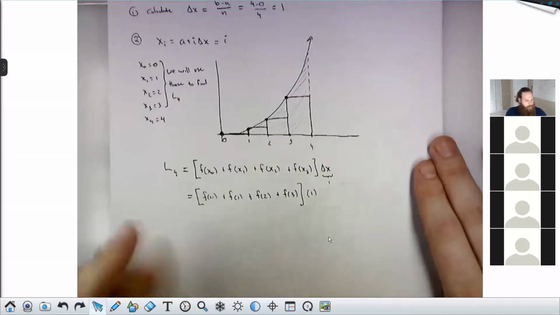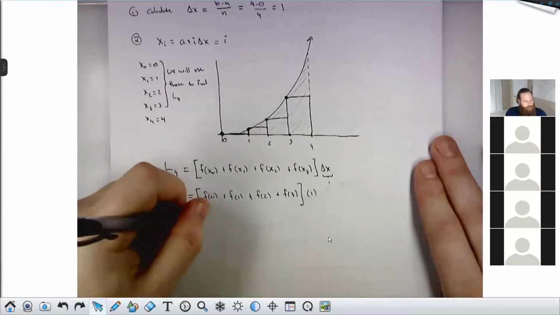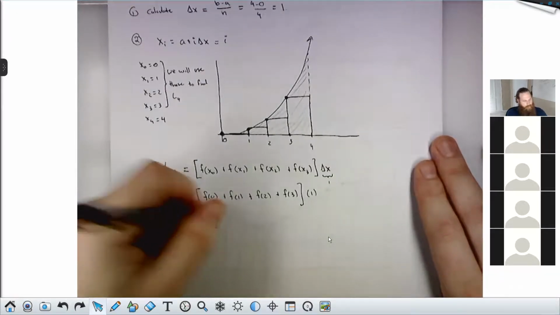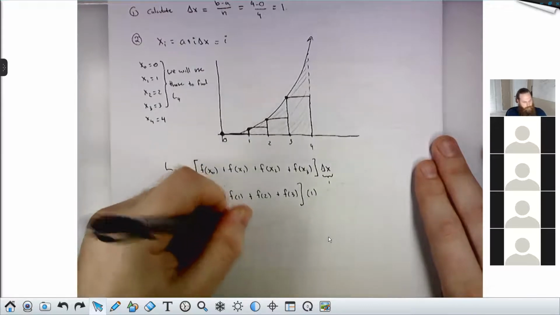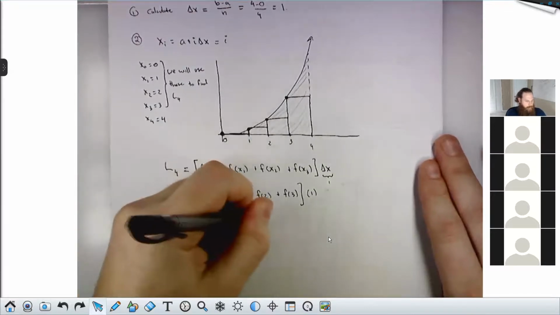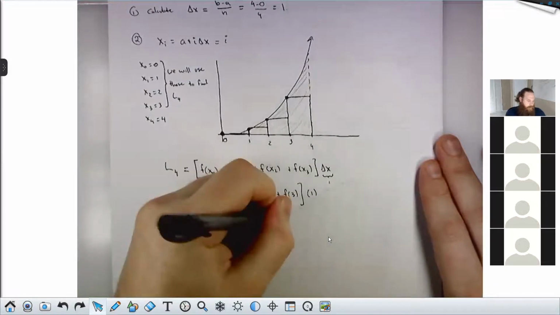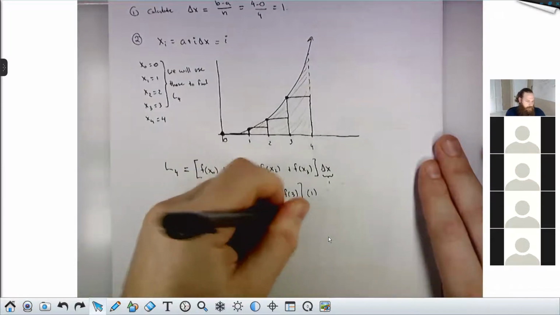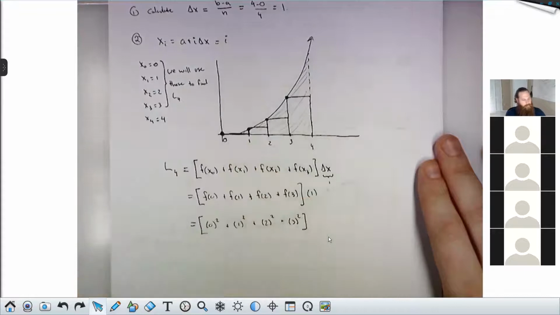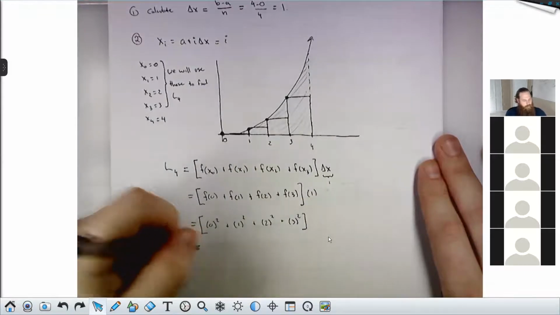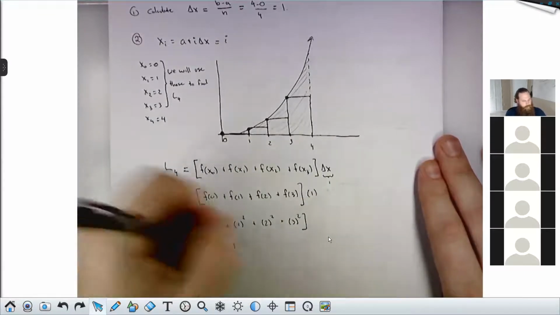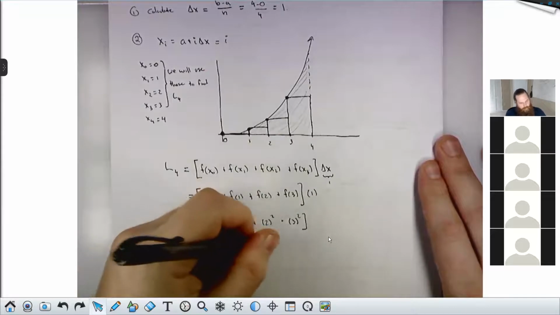And we can calculate. F of 0 is 0 squared plus f of 1 is 1 squared plus f of 2 is 2 squared plus f of 3 is 3 squared, and delta x is 1. So whatever it is, it's 0 plus 1 plus 4 plus 9.